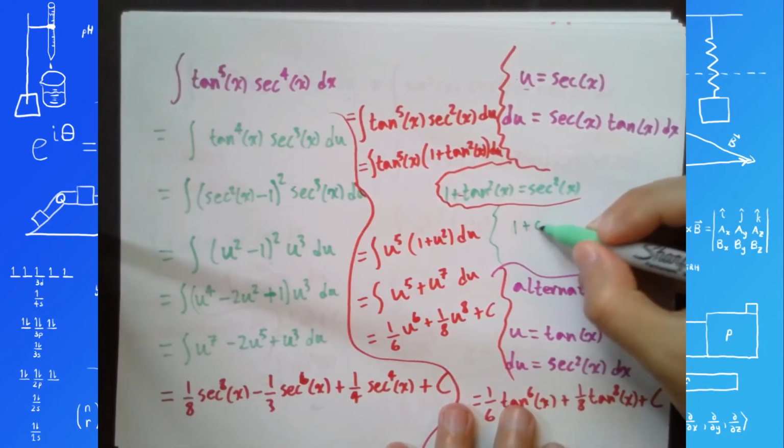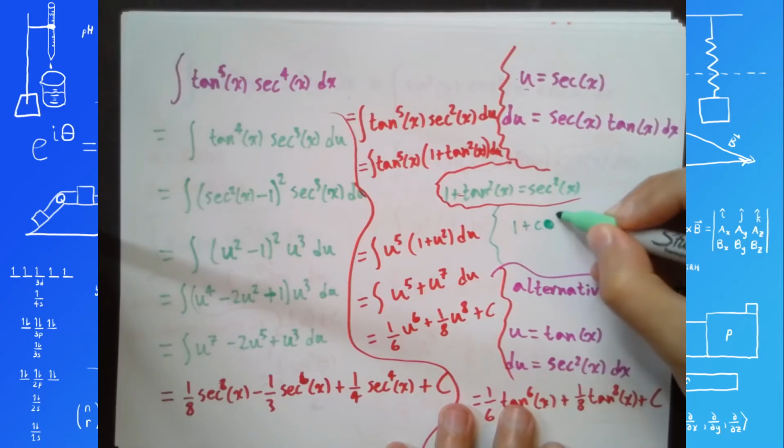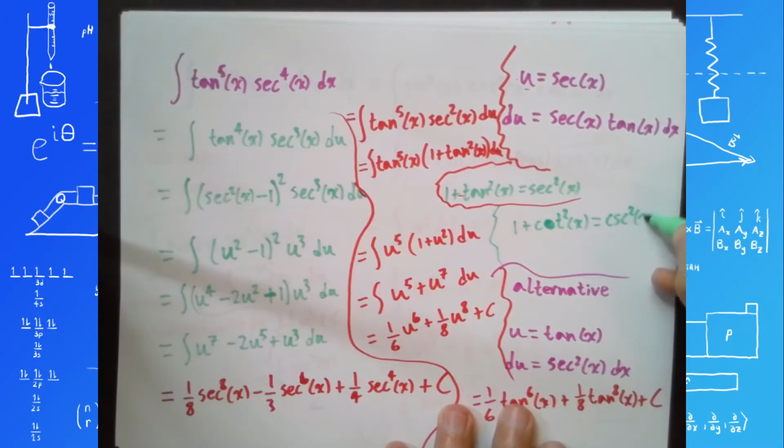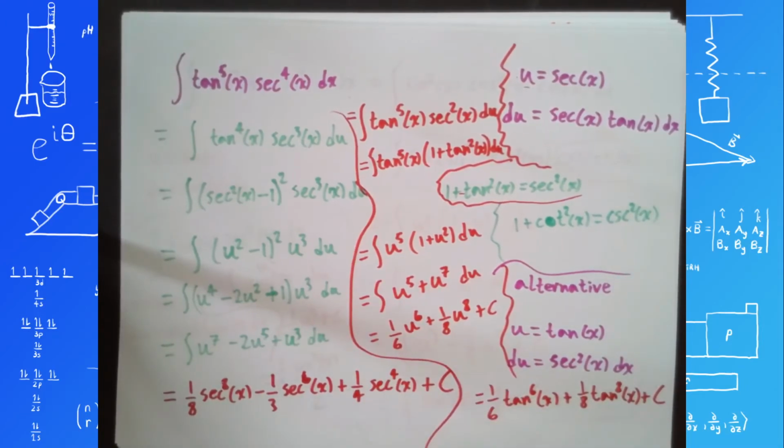You'd have 1 plus cotangent squared equals cosecant squared would be the identity that you want to rely on, but otherwise the strategies are analogous. So that's trigonometric integration. It's not exactly a new integration technique, it's just clever choices for u substitution when it comes to trig functions.